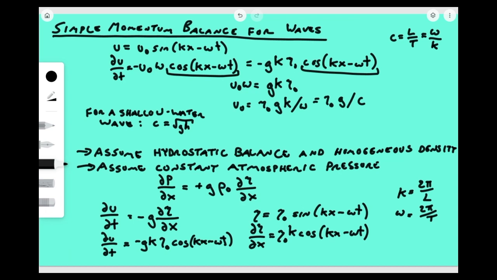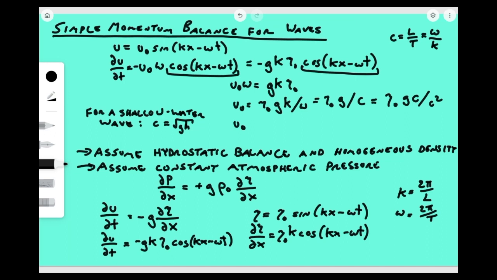In that case, we could substitute in the c. But before we do that, let's rewrite the more general equation here as eta naught g c divided by c squared. I'm doing that because I know where I want to get to.